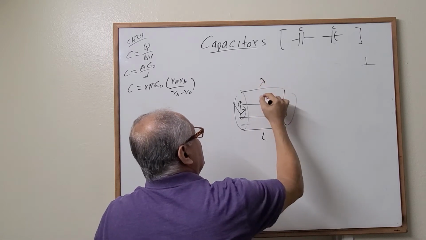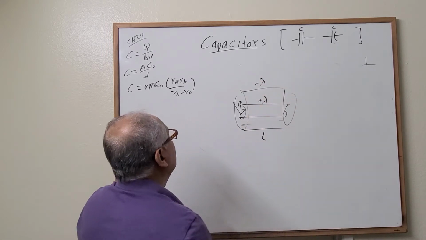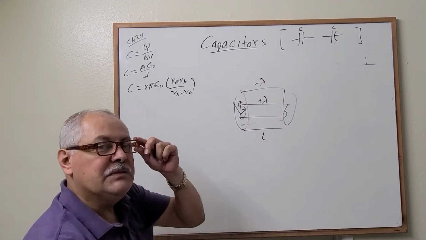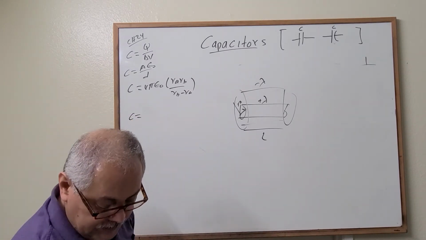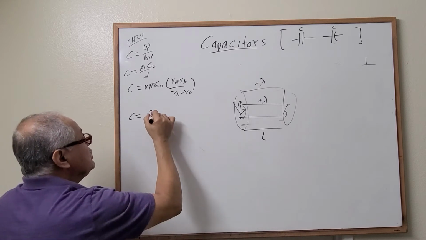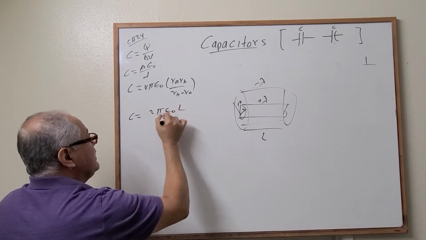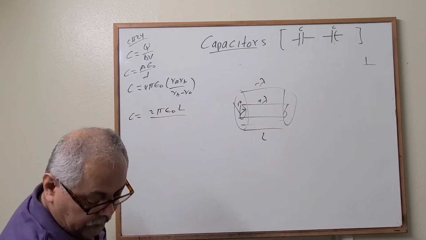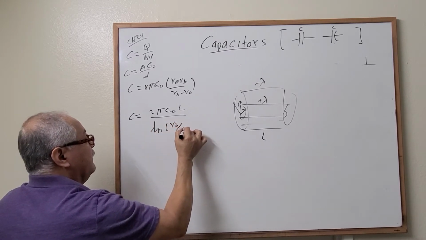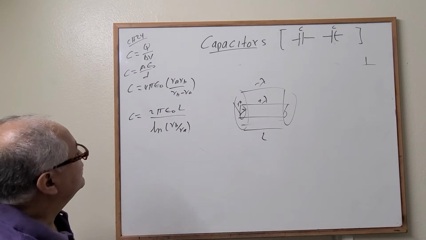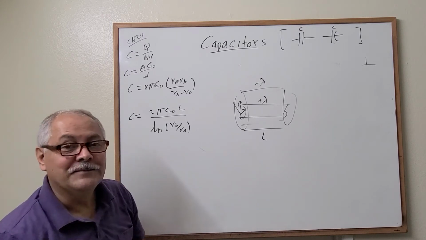And this is lambda negative, lambda positive. So we use the same technique as before, and the capacitance is equals to, for this case, 2 pi epsilon naught times L over ln of R sub B over R sub A. This is for a cylinder.